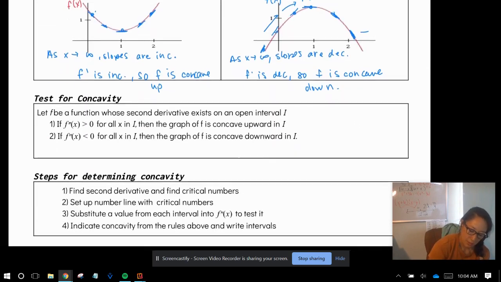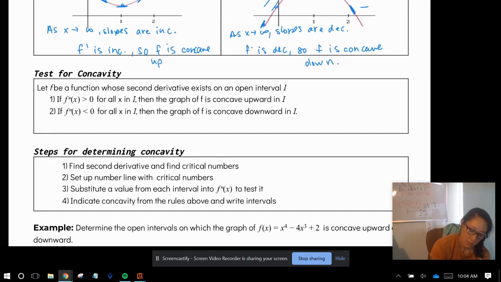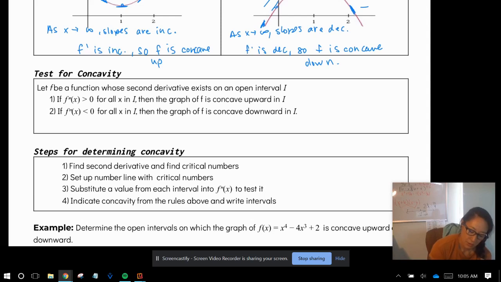When we test for concavity, we take the second derivative and find our critical numbers. If f double prime of x is greater than 0, then we are concave up.